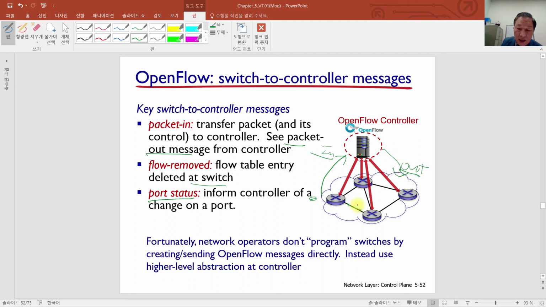This link is disconnected, and that information should be given to this controller for updating that flow table entry. Fortunately, network operators don't program switches by creating and sending OpenFlow messages directly. Instead, they use high-level abstraction at the controller.